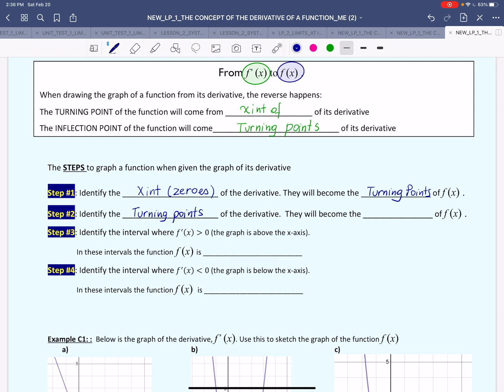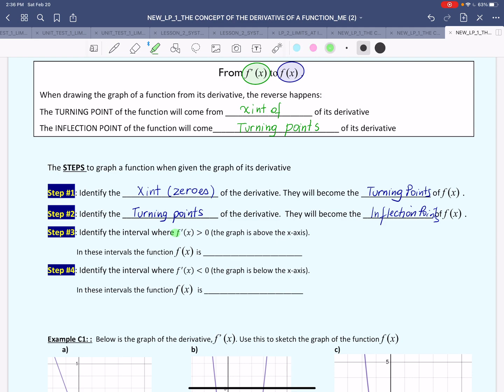The reason why we'd want to do this is because they become the inflection points of f of x. Then we also have to identify the intervals where f prime of x is positive.